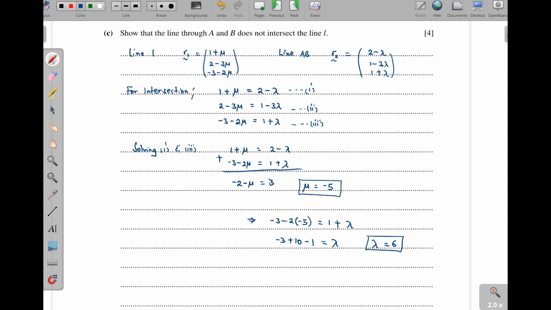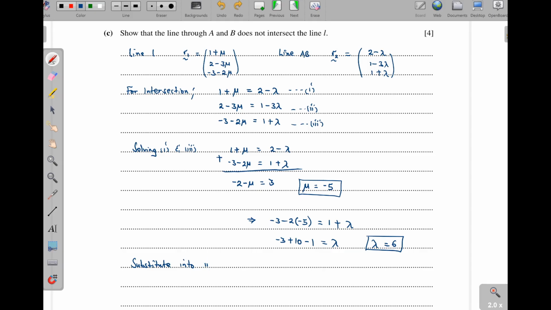Now we substitute into the equation that is left out. Is it equation 3? No, I think it's not equation 3.